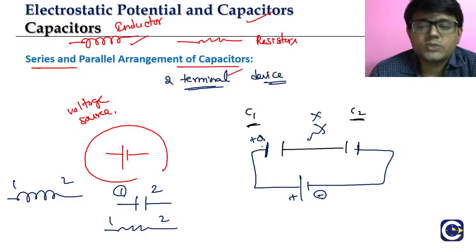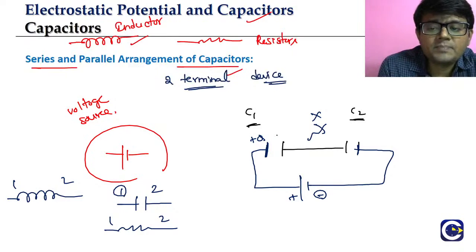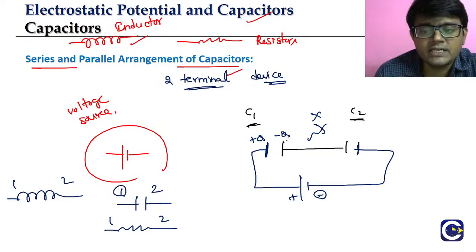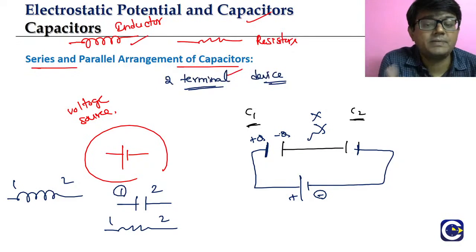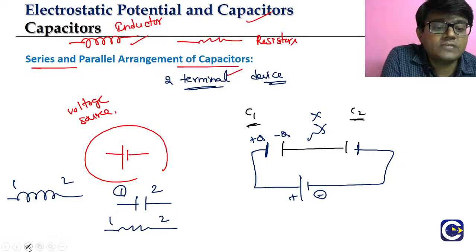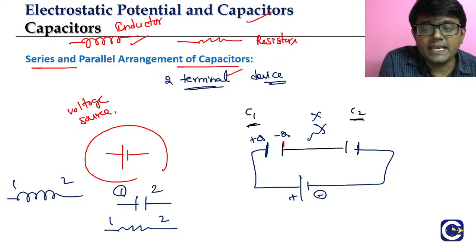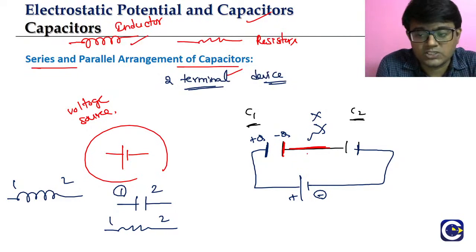Take its value as Q. Because capacitor plates have equal and opposite charges, the second plate of the capacitor has to get minus Q. But how is it getting the minus Q charge? It is getting the minus Q charge from the neutral wire. Look, this plate is connected to the neutral wire, and from the neutral wire it is getting minus Q.